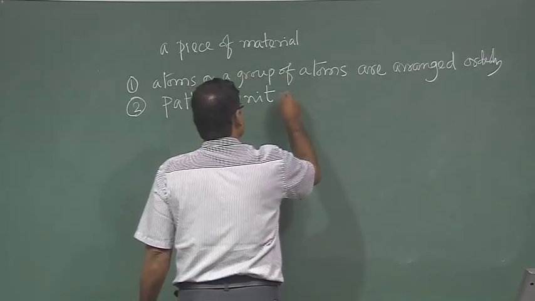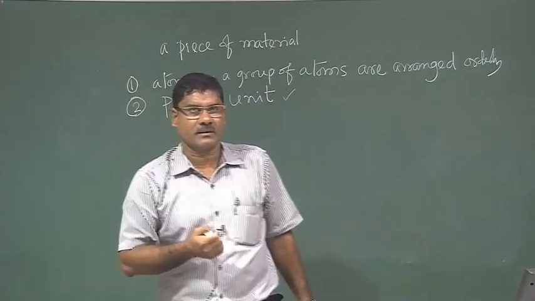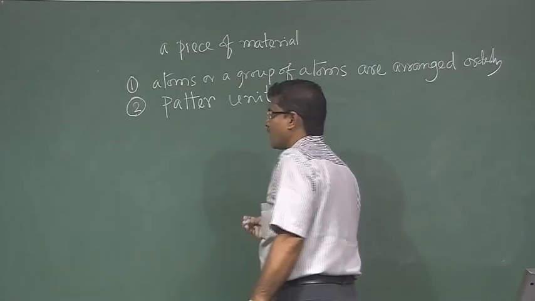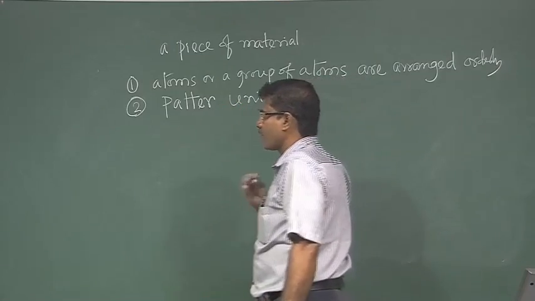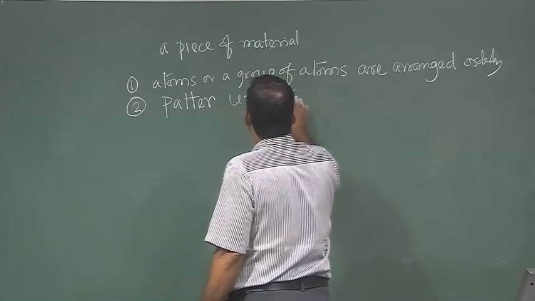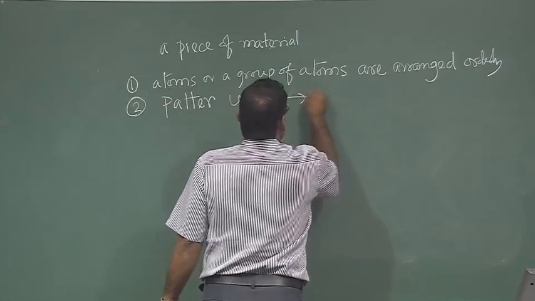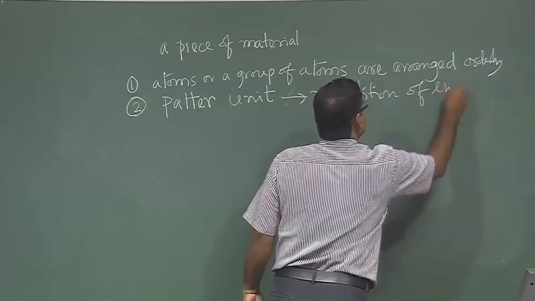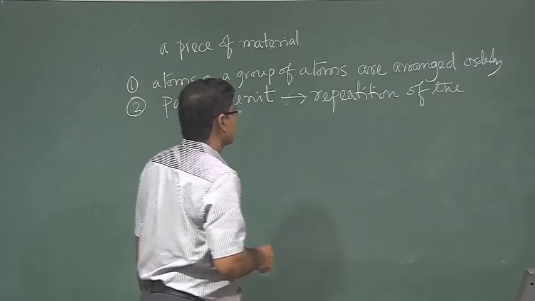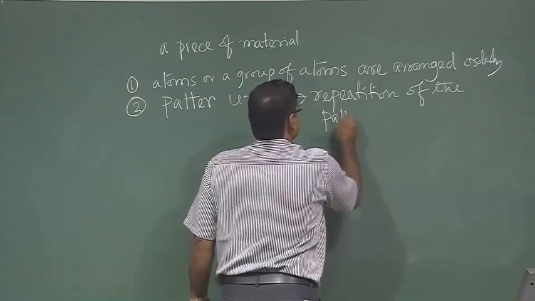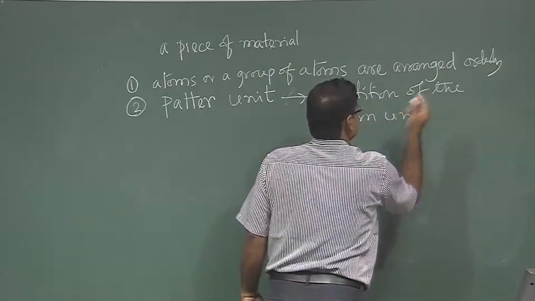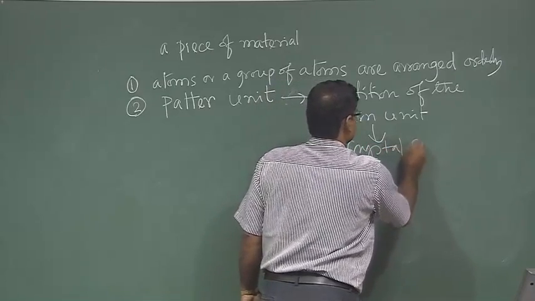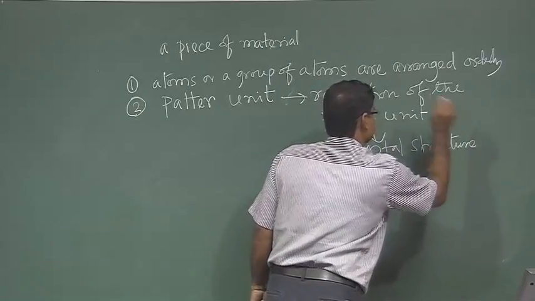As we have seen, if we know the pattern unit of a crystal, then we know everything about the structure of the crystal, because the pattern unit contains all information about the crystal, and repetition of the pattern unit forms the crystal structure.